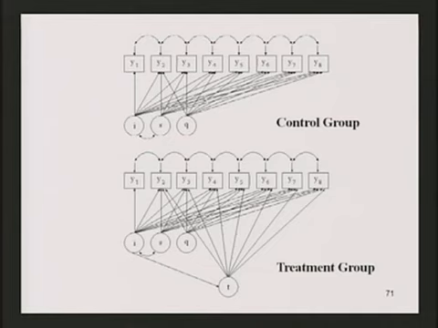Now you can say in the treatment group, since they're randomly equal to the control group people, you can say that there is a normative development, those 3 growth factors up here, but an extra development due to the treatment, extra development being captured by an extra growth factor T that influences Y2 through Y8. So the idea is to hold every parameter of the normative development, the growth factor parameters here, equal across the 2 groups, whereas the treatment group has an extra development due to treatment.